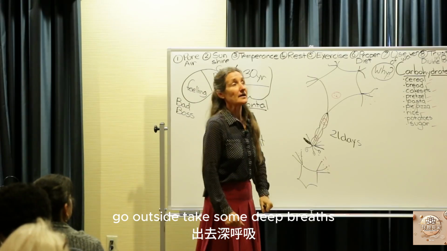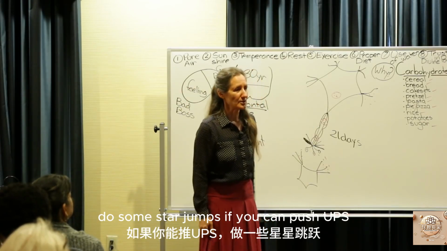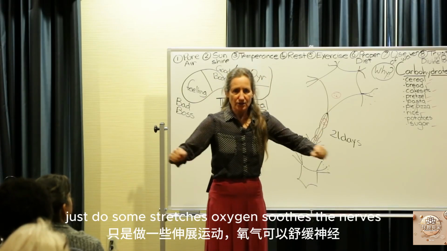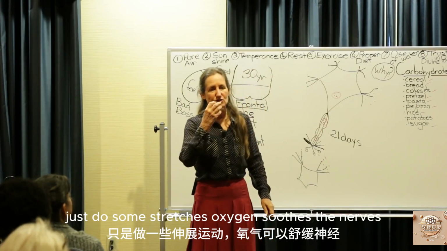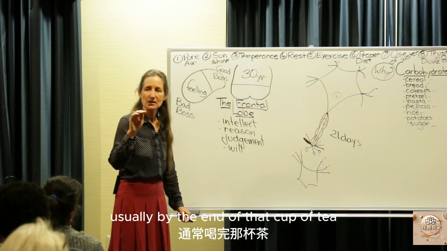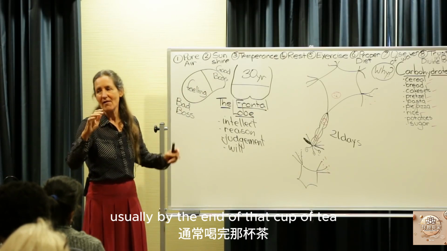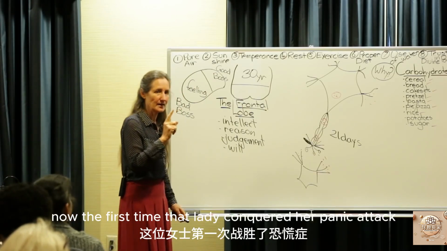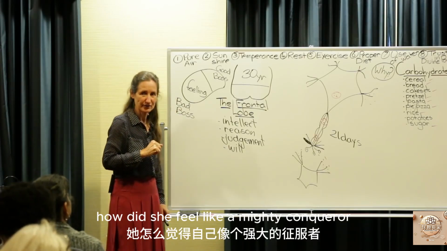Go outside, take some deep breaths, do some star jumps if you can, push-ups, or if you can't do push-ups, push-ups on the wall. Just do some stretches. Oxygen soothes the nerves. Sit down, have the chamomile tea. Usually by the end of that cup of tea, everything's settled down. Now, the first time that lady conquered her panic attack, how did she feel?